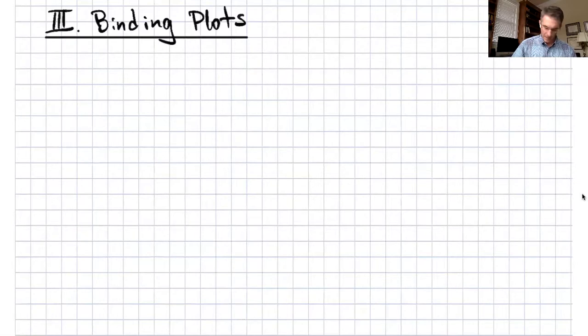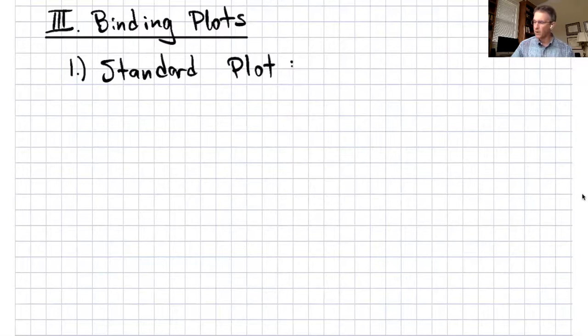So the first type of plot that you see is the so-called standard plot. This involves plotting the degree of binding versus the concentration of A, straight out. So what would that look like?